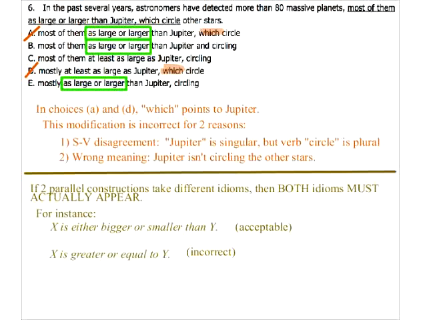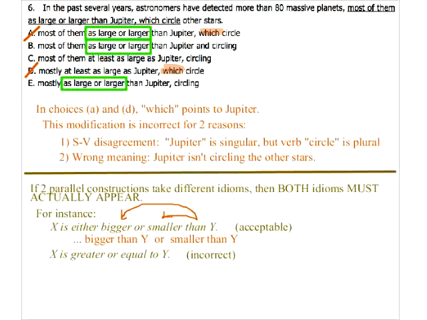The reason why the first of these is acceptable is that bigger and smaller both go with than. So you could say bigger than or smaller than, but you don't have to. The idea is that this instance of than works with both of those. It's bigger than Y or smaller than Y. That's all covered by what's written in that sentence.